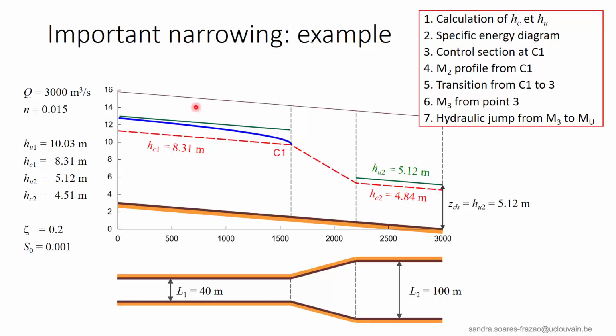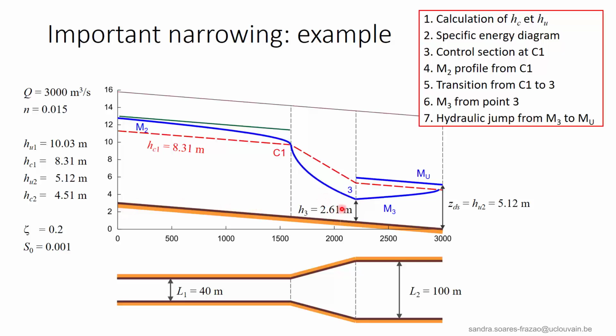We start with the M2 profile back in the upstream direction, as a M2 profile is a downstream control profile. In this case, it is controlled by the control section. Then, we calculate the flow profile in the transition using Bernoulli's equation to find point 3, considering a head loss coefficient zeta of 0.2 for the widening bridge, and a calculation made here with 5 steps.